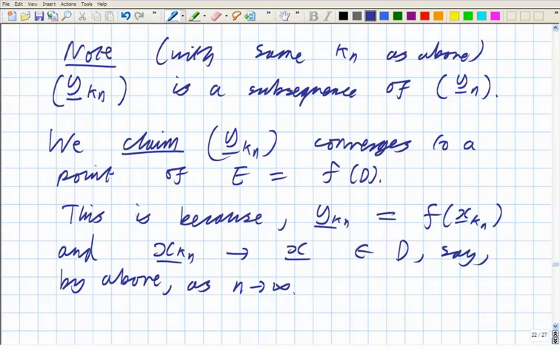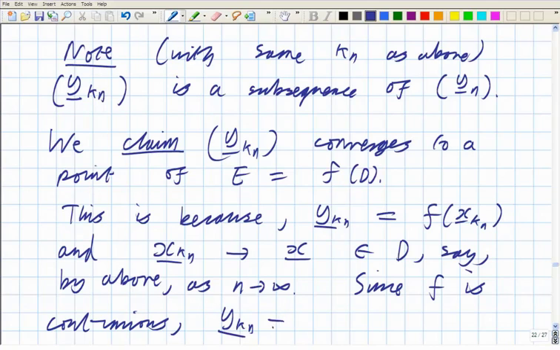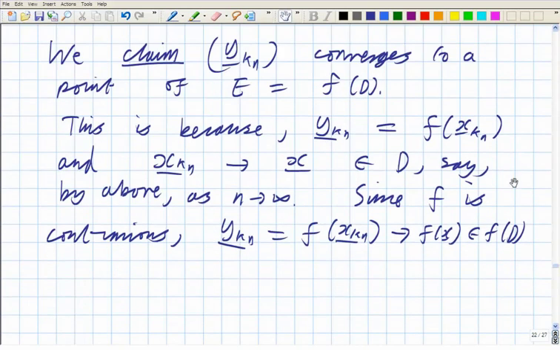So finally, since f is continuous, y_{kn} equals f of x_{kn} tends to f of x, which is, of course, in f of D, as required, as n tends to infinity.